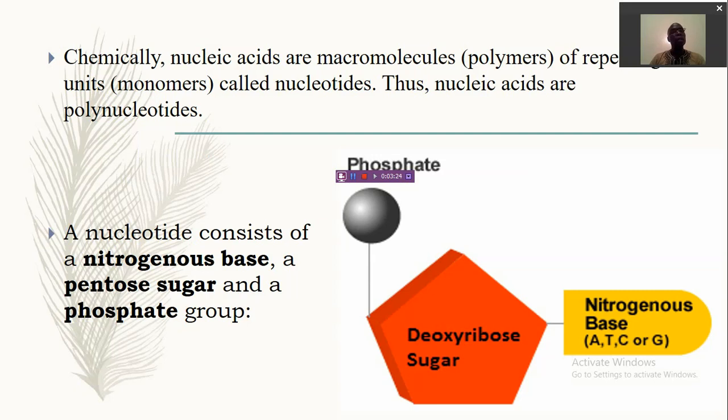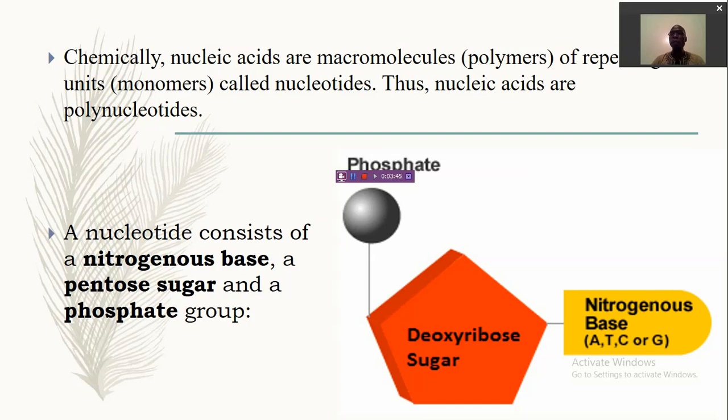Now, chemically, nucleic acids are large molecules, or we call them polymers of repeating units. The repeating units are called monomers, and these monomers are usually nucleotides. In essence, we are saying that a nucleotide is the basic unit of a nucleic acid.